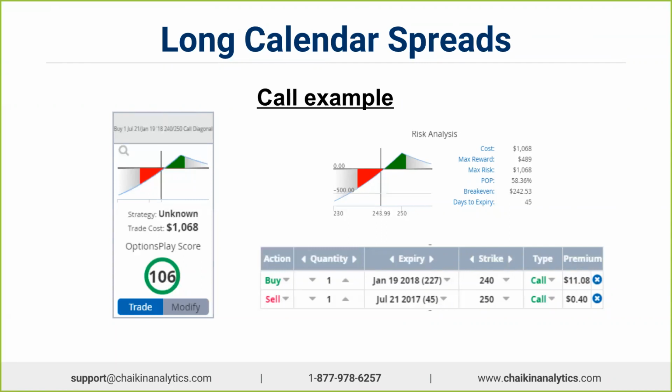Now, when I set these up, I like to do it where the difference between the strikes is greater than the total initial cost. So I'm going to write that out.